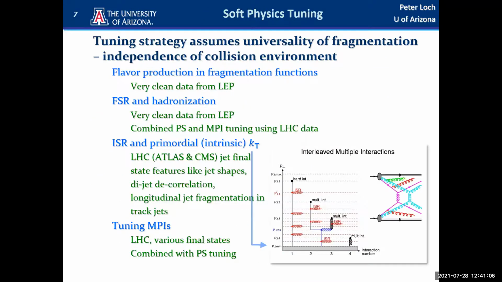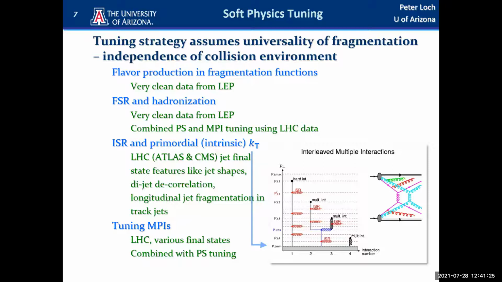So if you talk about soft physics tuning, the big starting point is that we assume that the actual fragmentation process that gives us the jets is independent of the collision environment.